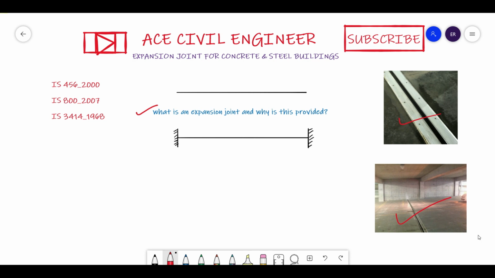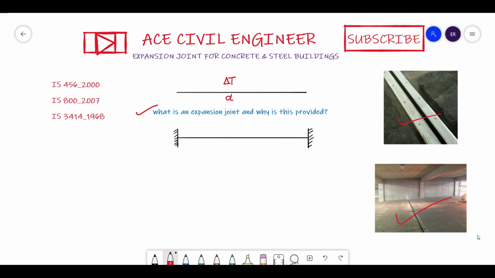Suppose I am taking a beam like this, which has no restraint at both ends. It is just an imaginary beam I am considering, so don't ask me about the supports. Here, when a temperature change is applied, and this is made of some concrete material, it has some thermal expansion capacity.